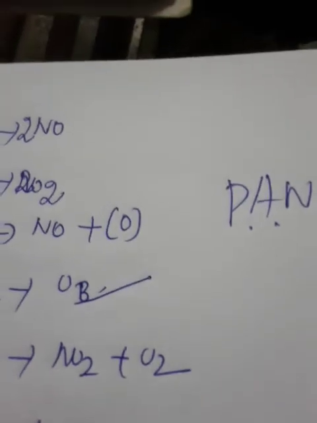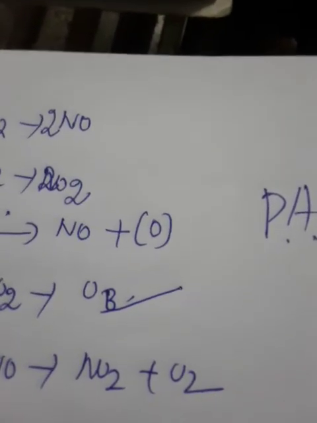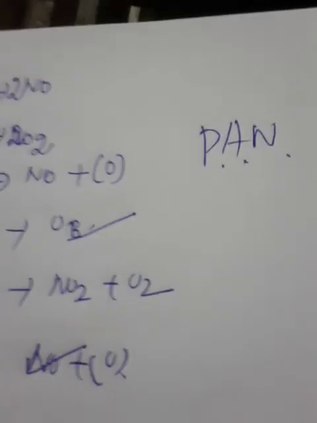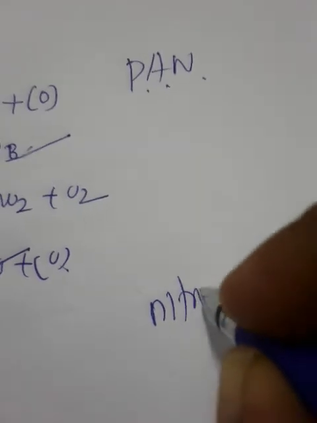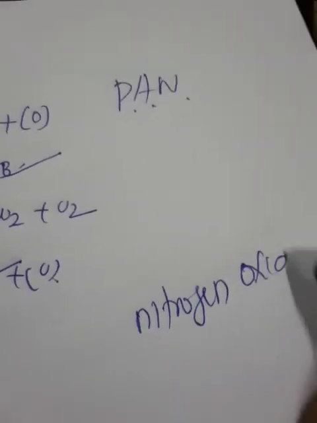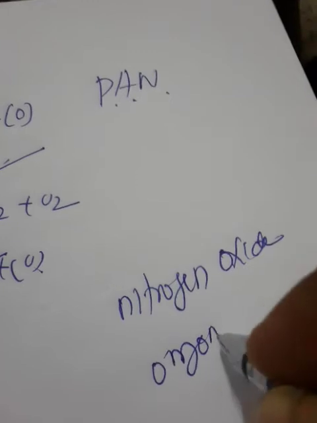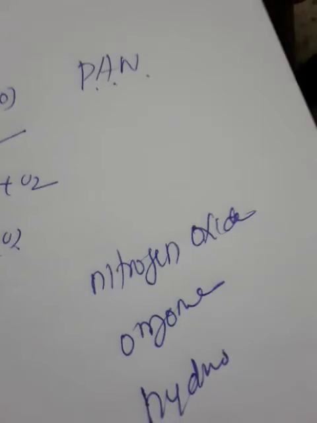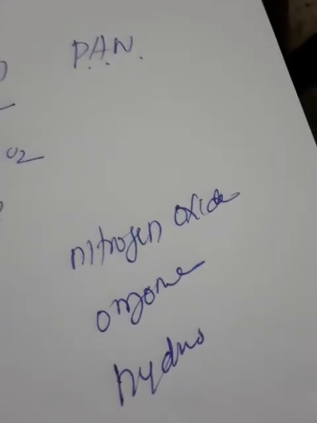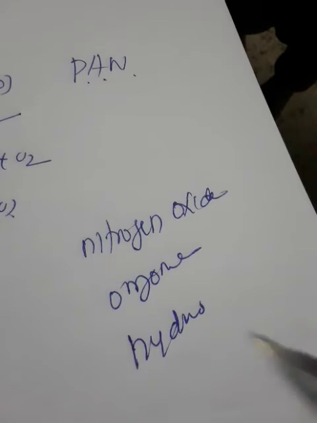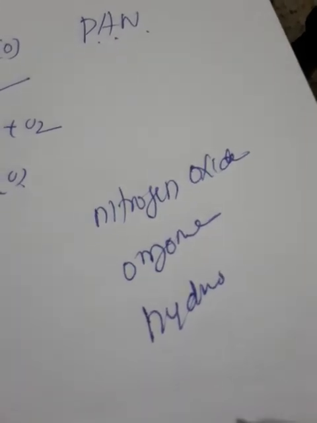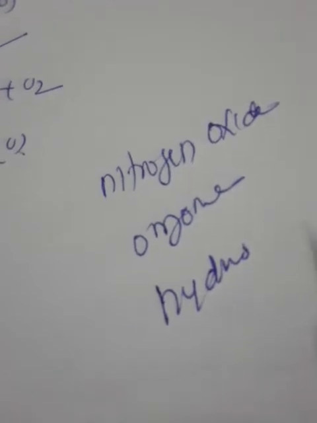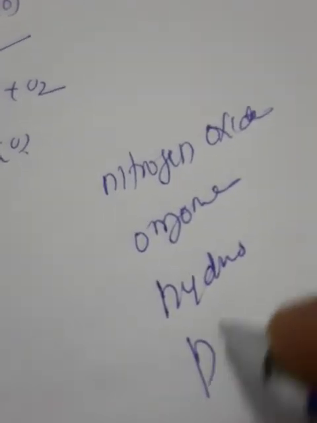So what are the effects of the photochemical smog? The 3 main components of photochemical smog are nitrogen oxide, ozone and oxidized hydrocarbons, meaning compounds containing only carbon, hydrogen and oxygen. So hydrocarbons like formaldehyde, acrolein, peroxyacetyl nitrate, which is PAN.